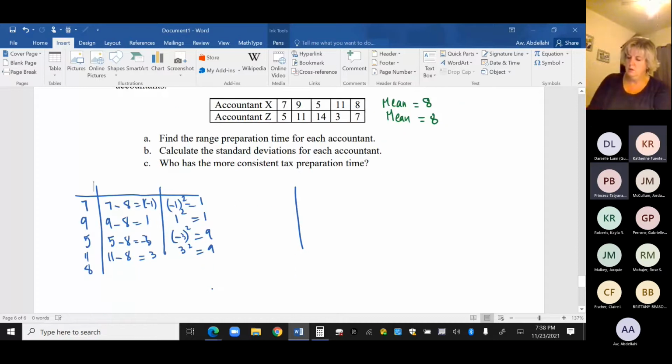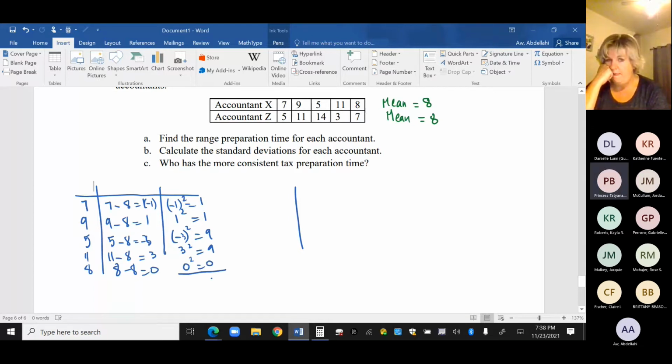And finally, 8 minus 8 is 0, and 0 squared is 0. We add this up, we get 20, right?